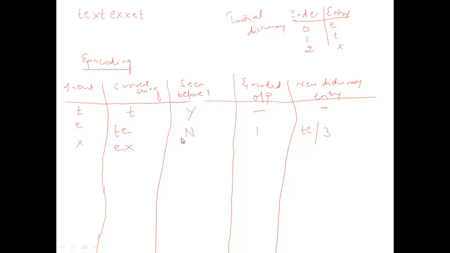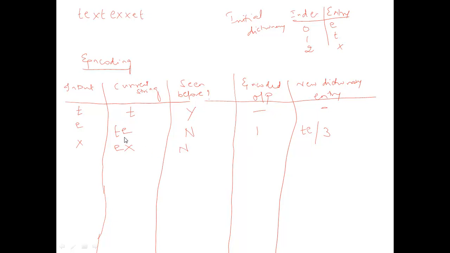Whether EX is seen before? No, because you can check this dictionary. We have E alone, T alone, X alone, or the combination TE, but EX is not there. So, you will make it as no. After making it no, you now perform the encoding of the previous unencoded string only.